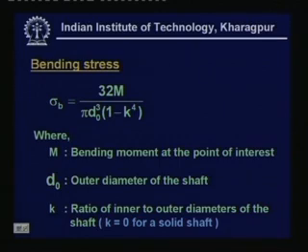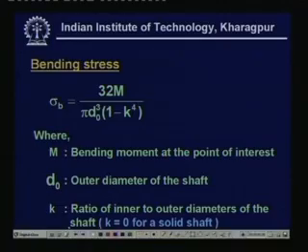Now, let us very quickly revisit how this particular equation has come. We know that sigma equals M y by I. All these notations are very well known to you.